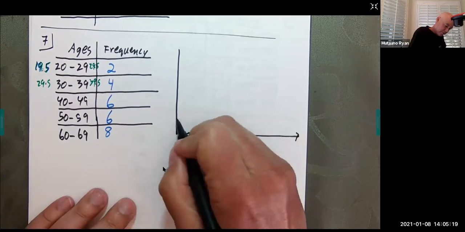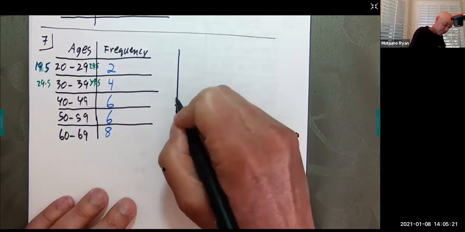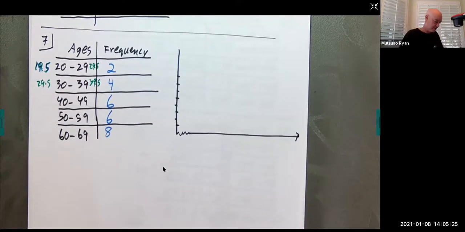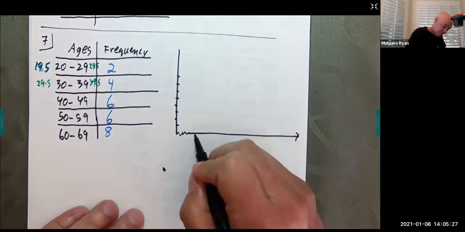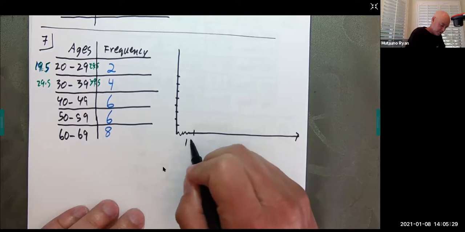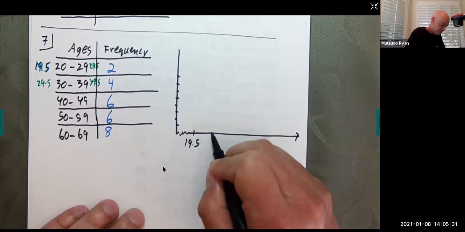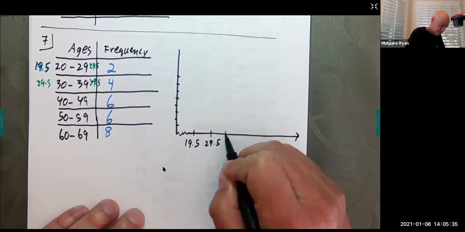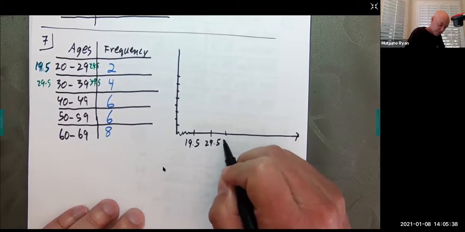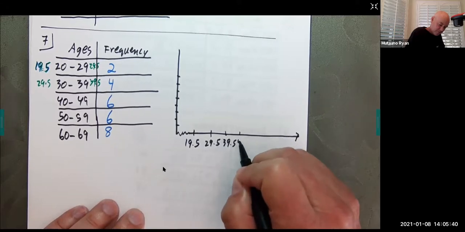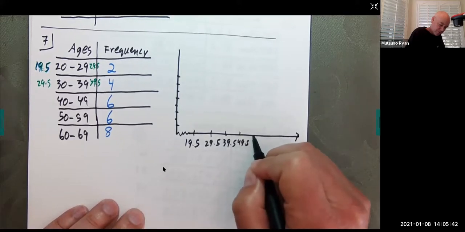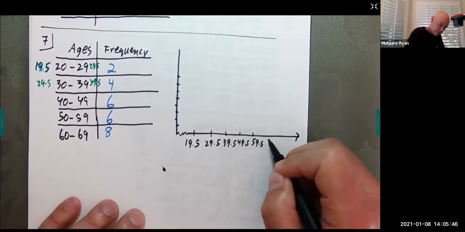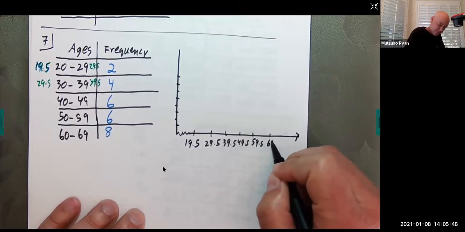So 1, 2, 3, 4, 5, 6, 7, 8. And I'm going to do here 19.5, 29.5, 39.5, 49.5, 59.5, and 69.5.